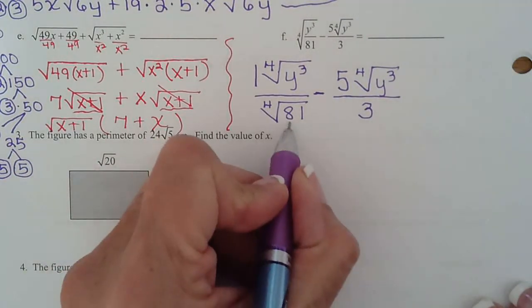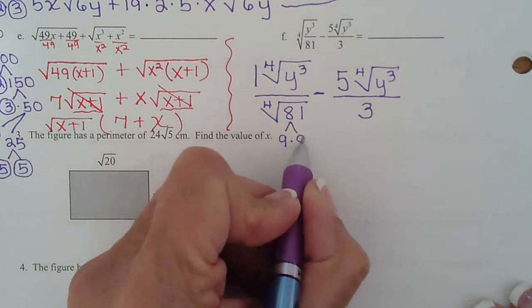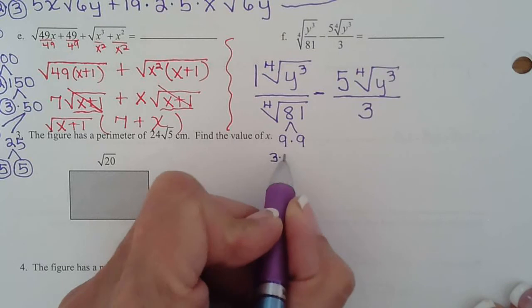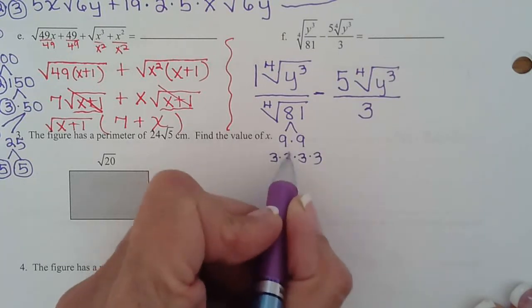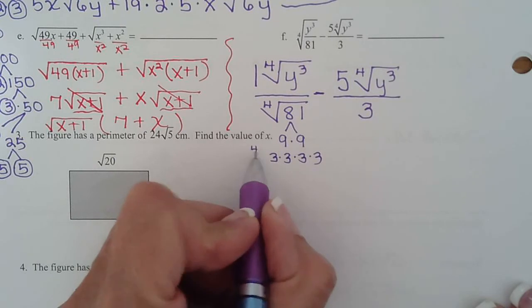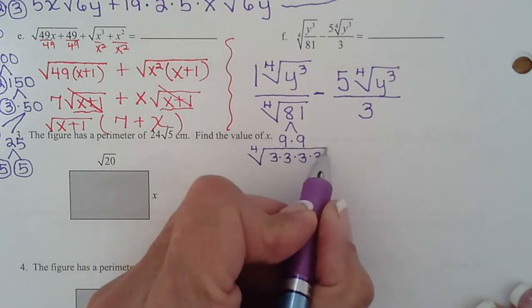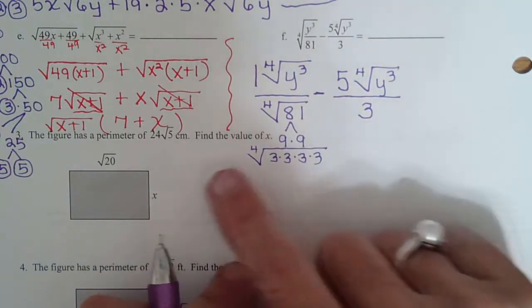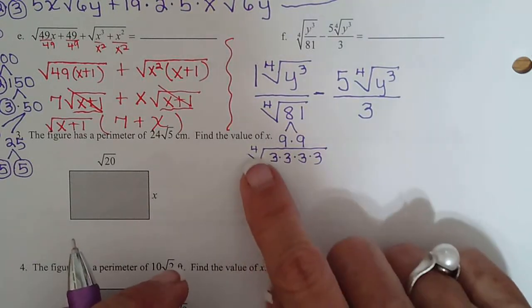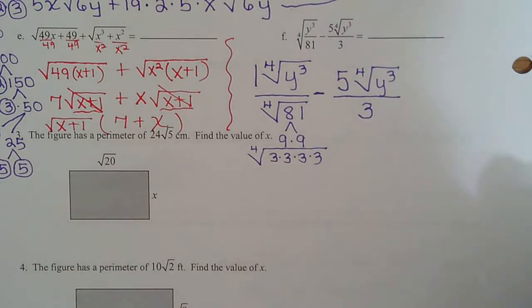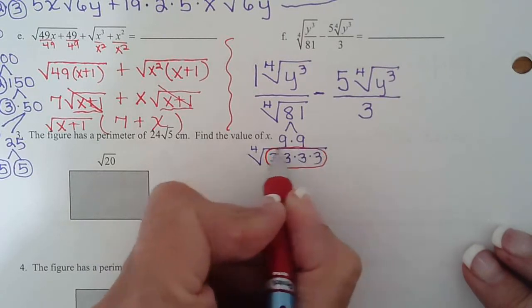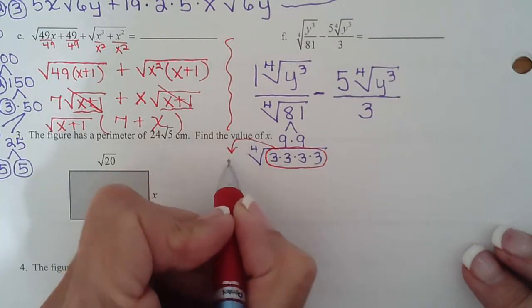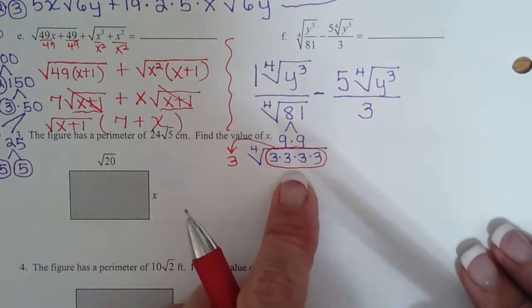So 81 is 9 and 9, which is 4 3s. 3 times 3, 3 times 3. So 4 3s are going to come out as a single 3, right? Because this says look for groups of 4. So does everyone agree this is all going to come out and there will no longer be a radical?